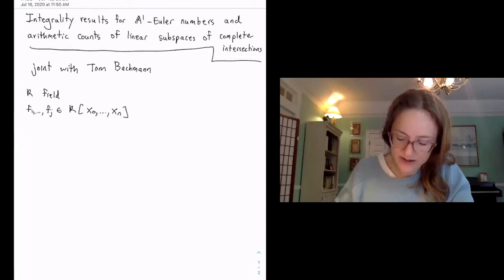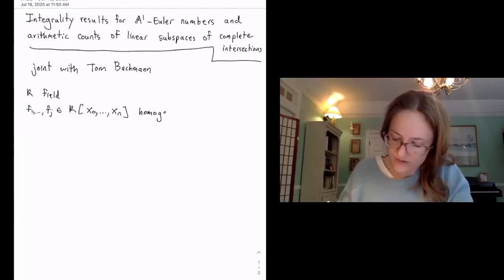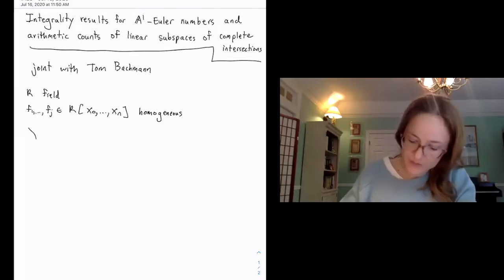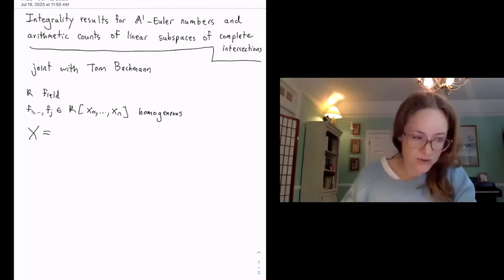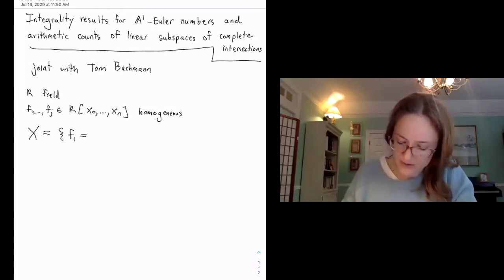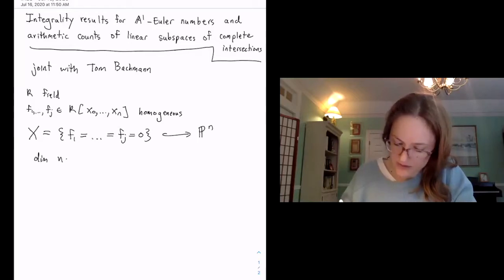So there's the homogeneous coordinates of projective space, and we can look at this variety, which is the common zero locus of F1 through Fj. And if this is dimension n minus j, that's what it means for X to be a complete intersection.